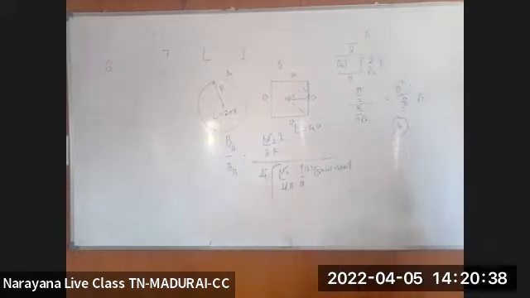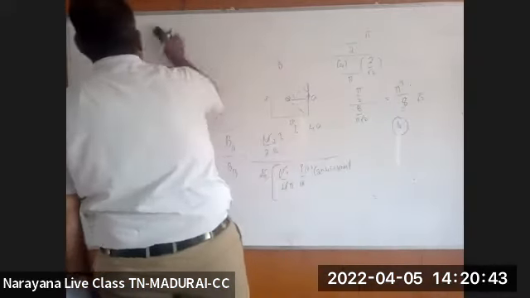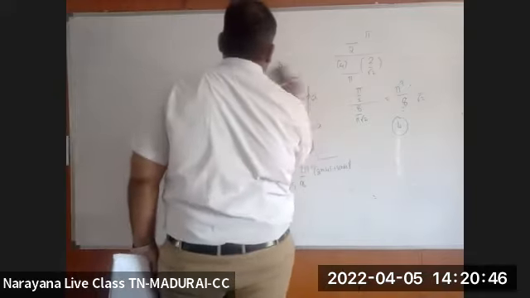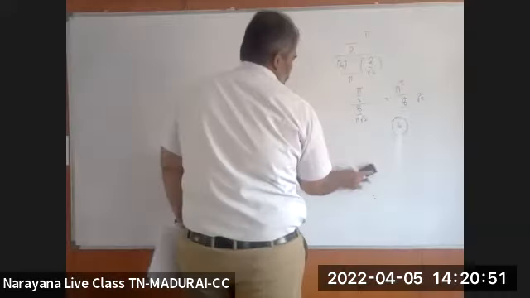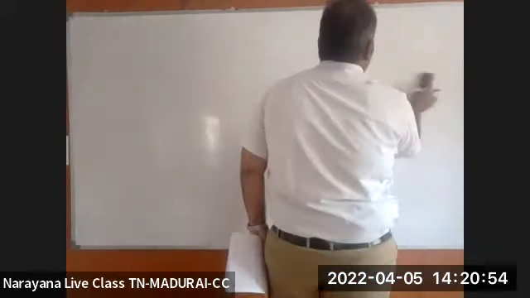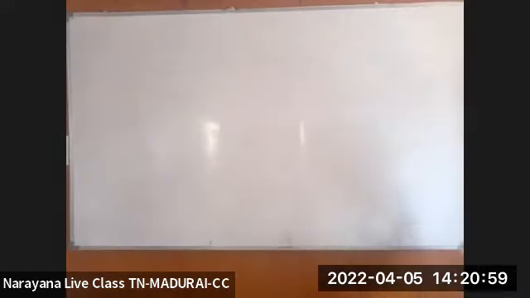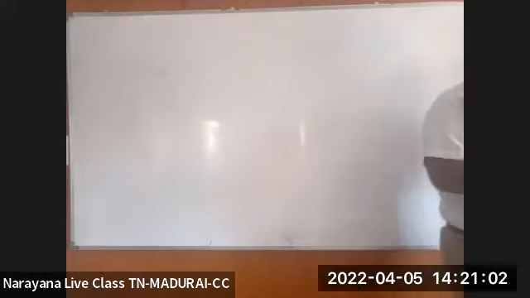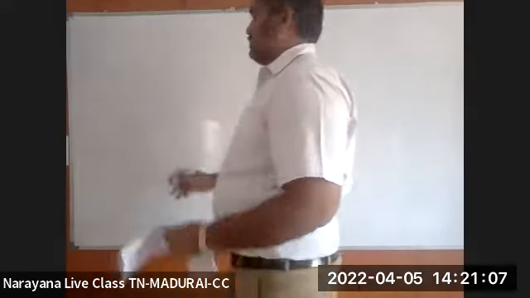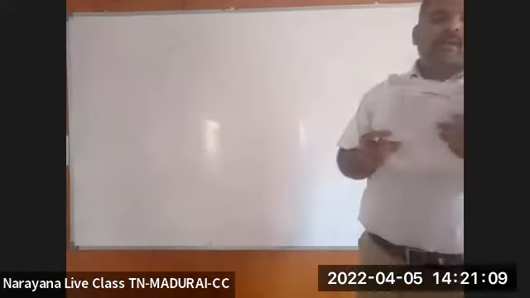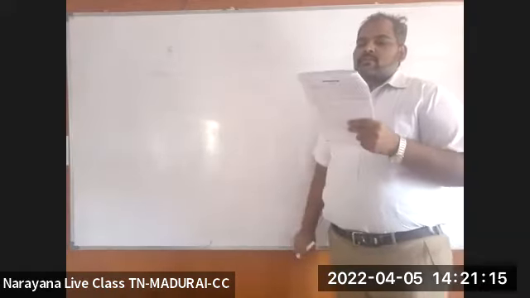8th. Question number 8, everyone. Some current I equal to 2 ampere is flowing in a wire frame as shown in the figure.